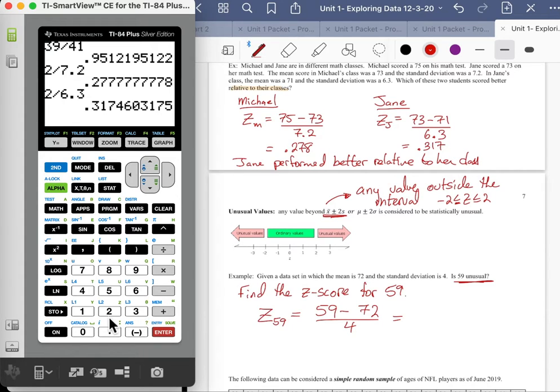It's not going to be a nice round number. -13 divided by 4 is -3.25.